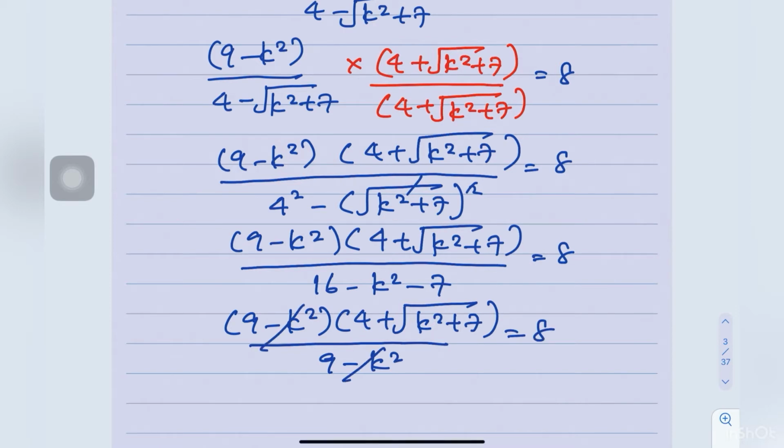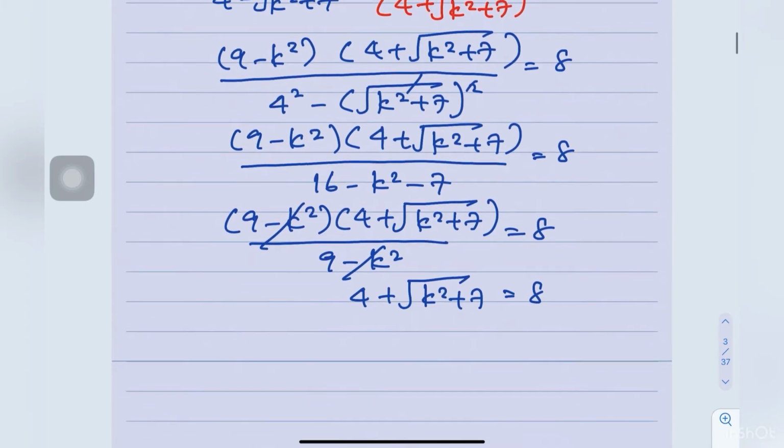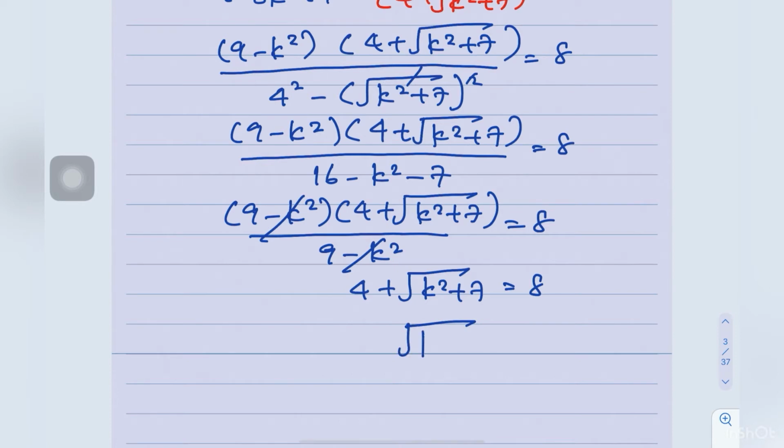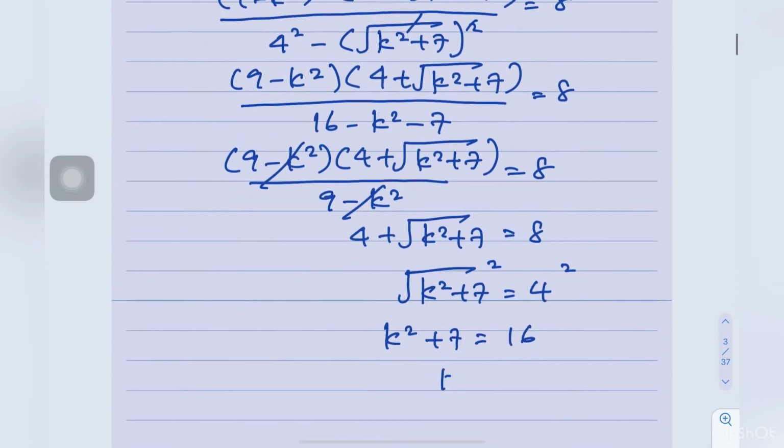So we can simplify this, and 4 plus square root of (k squared plus 7) equals 8. The last step, you just simplify and find the values of k. Here square root of (k squared plus 7) is 4. To eliminate the square root, we square both sides. So k squared plus 7 equals 16, so k squared equals 9. Therefore k equals plus or minus 3.